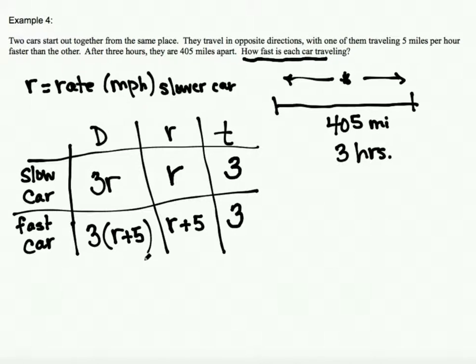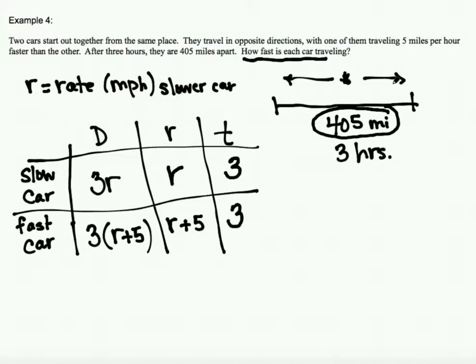Okay, so now once I have everything filled into the chart, I have to figure out how I'm going to set up this equation. What makes sense? Going back, the last piece of information that I haven't really used yet is that they are 405 miles apart. Where does that 405 miles come from? Well, it comes from the distance the one car is traveling plus the distance the other car is traveling.